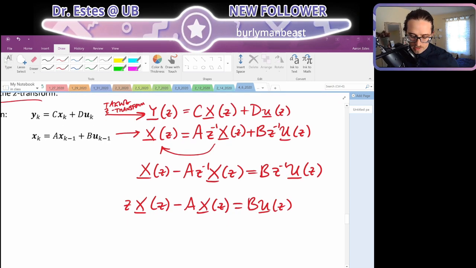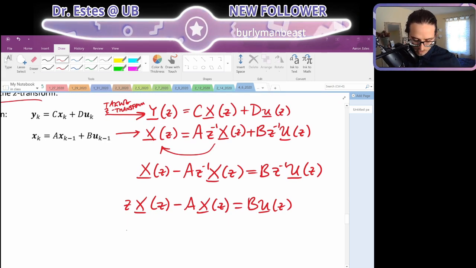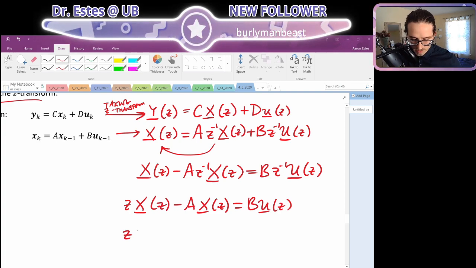Now we get to the linear algebra step. If I want to factor out X(z), I have to have this identity matrix in here.